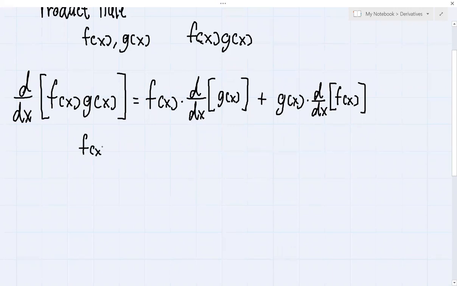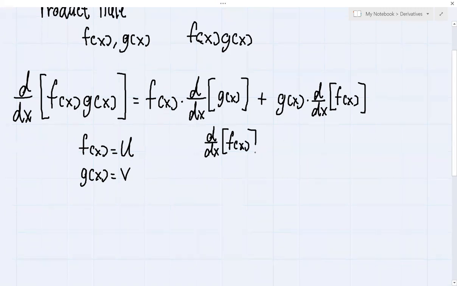Si f of x, i-substitute ko siya ng capital U. Si g of x naman, gagamit ako ng capital V. Then, yung derivative ng f of x, gawin ko siyang d capital U. Tapos, si derivative of g of x naman, gawin ko siyang d capital V.